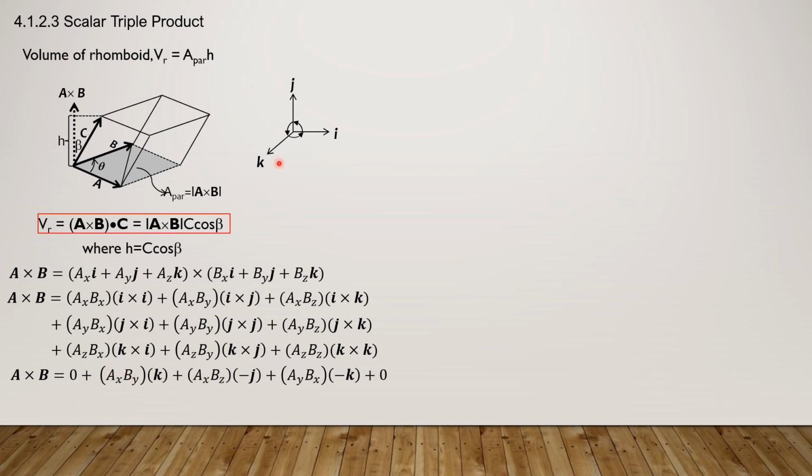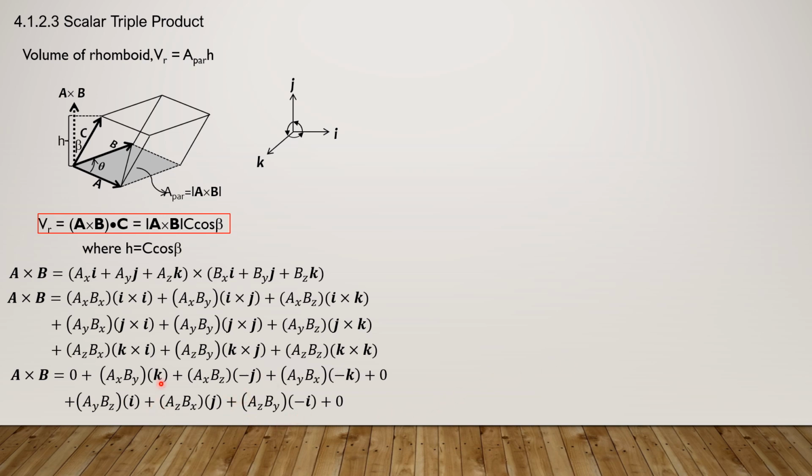J cross K is I. Then K cross I is J. K cross J is negative I. Then K cross K is 0. So we have I, we have J, and we have negative I.